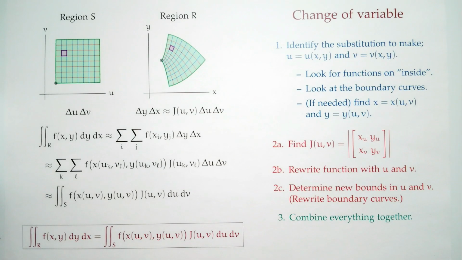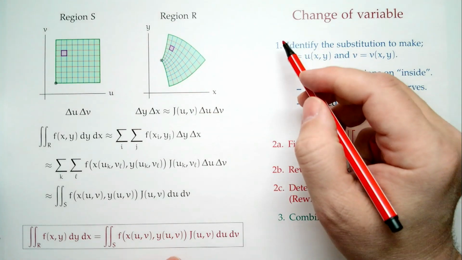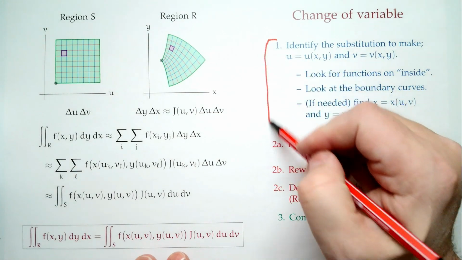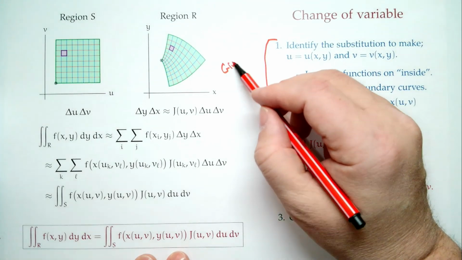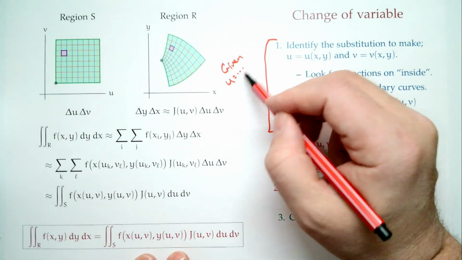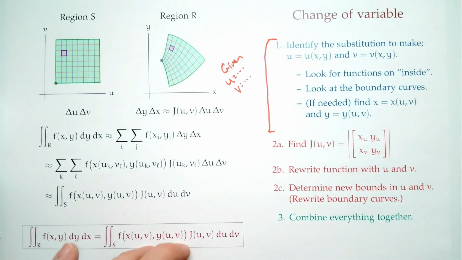But I'll tell you the most common way that you'll identify the substitution to make is the following. And it works pretty much almost all the time in the problems you're going to see. You're going to look for the following phrase: given u equals ... and v equals ... So the good news is that step one, we're just going to give it to you.